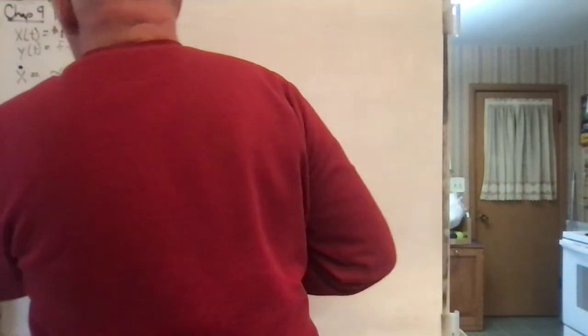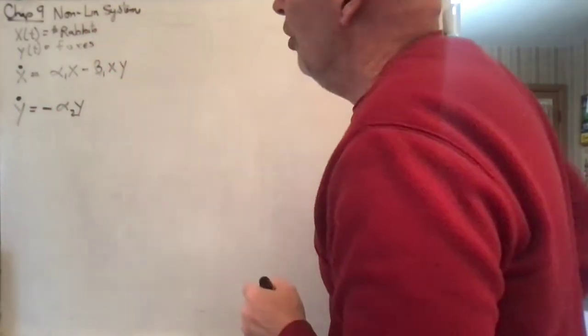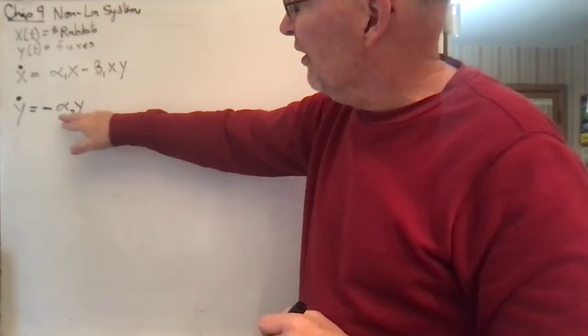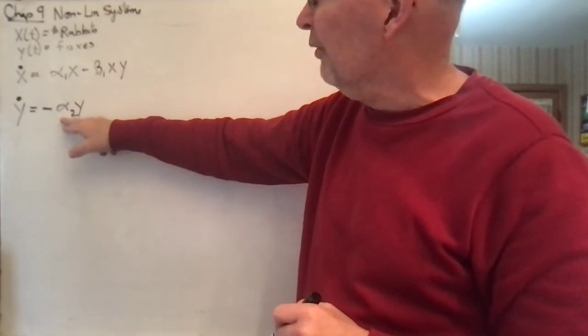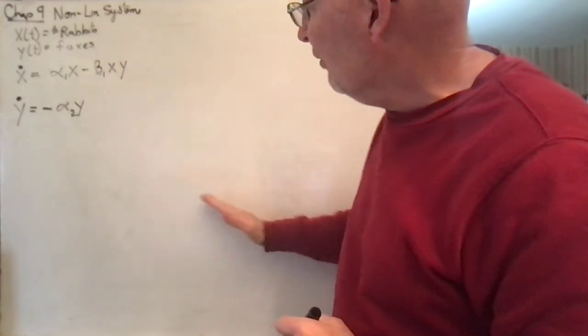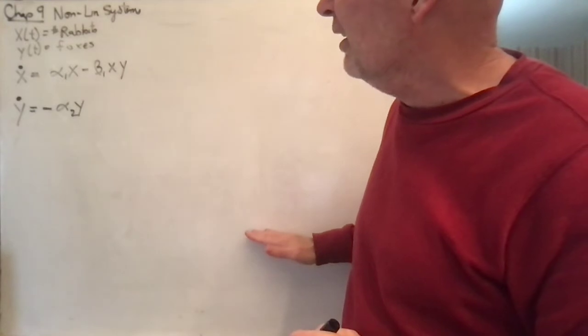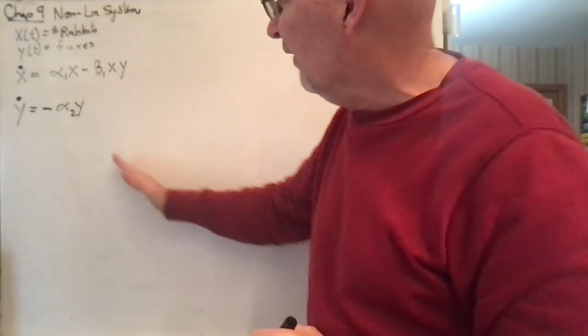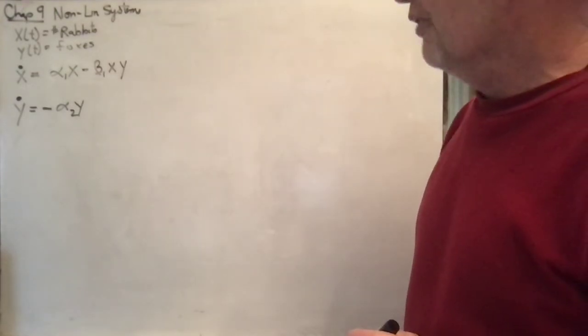Let me call that alpha. Okay, so if there are no rabbits, the foxes would die out, and they would die out kind of proportional to how many foxes there are. They're just going to die out in the same way in which radioactivity dies out. The hardiest ones are going to continue living for a little bit, but eventually they're all basically going to be dead. So that's what would happen.